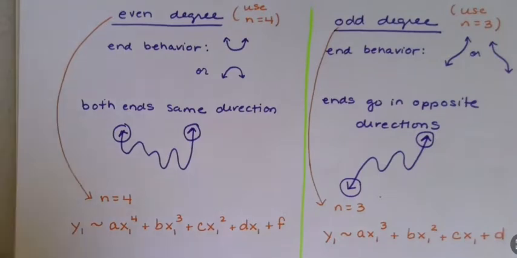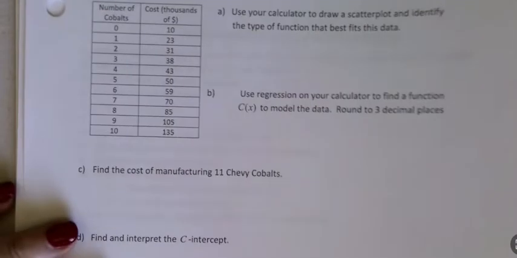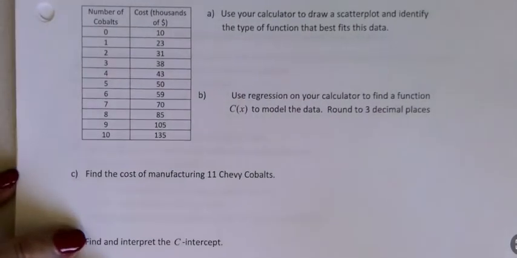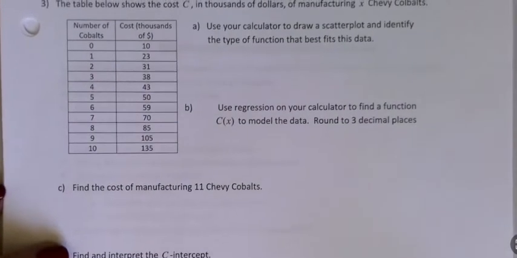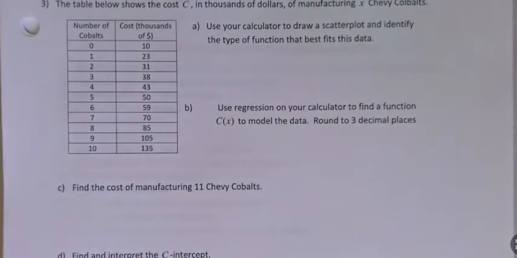So those are the two possibilities that we'll be looking for when we do our data table problems here in section 2.8. All right, let's see which one we actually have. So back to my car data here. I'm going to go over to Desmos, and I'm going to put this data in. We'll decide which kind of equation we want, and then we'll actually do the regression to find our function. Okay? So let me get that far first.